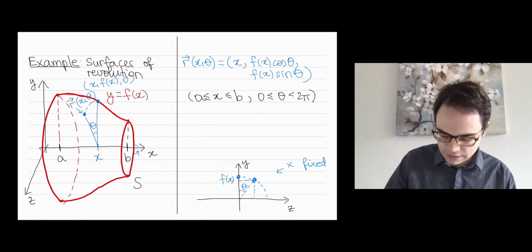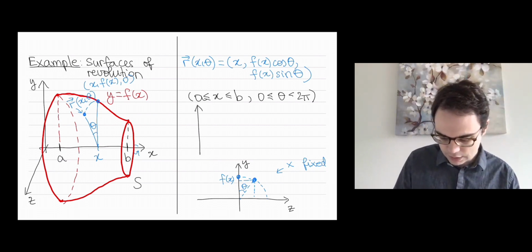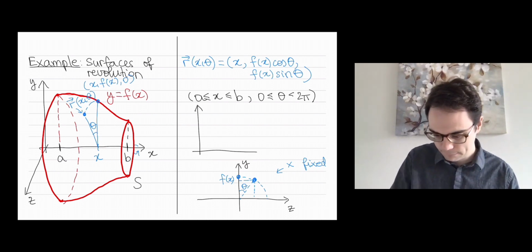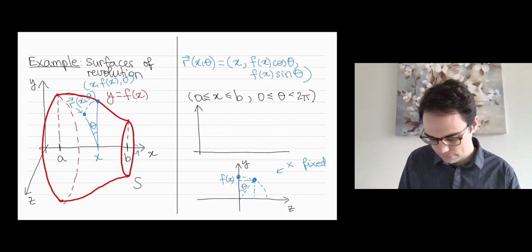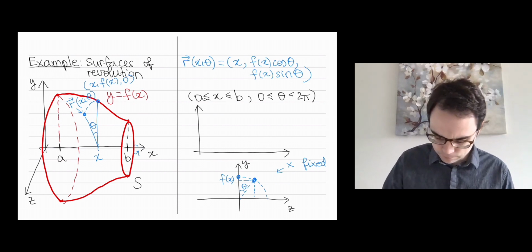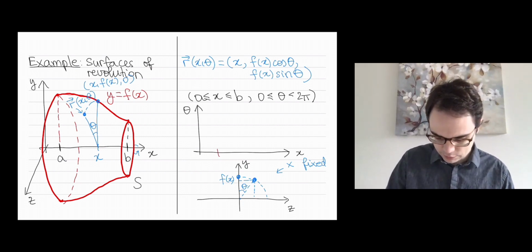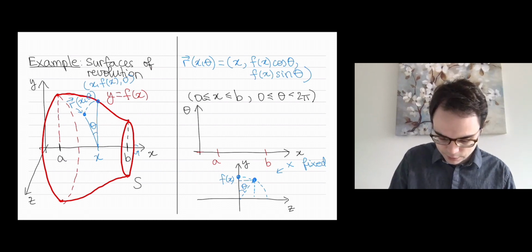So in this example, the region D, here are our two parameters, x and theta. x is between two numbers a and b. Theta is between 0 and 2 pi.